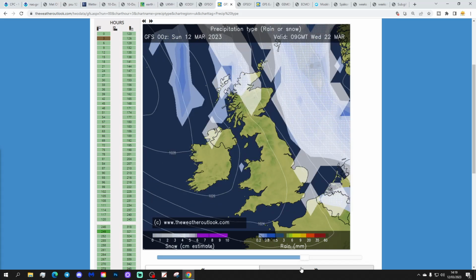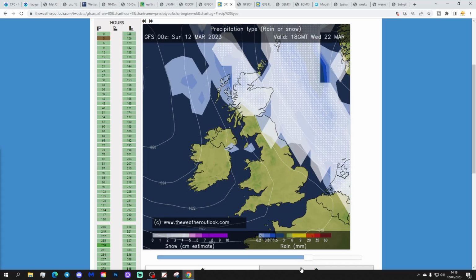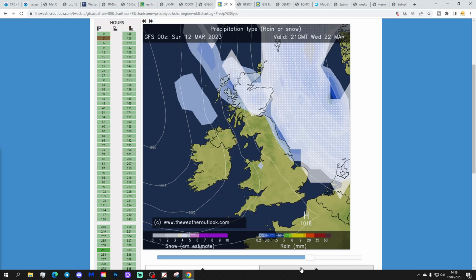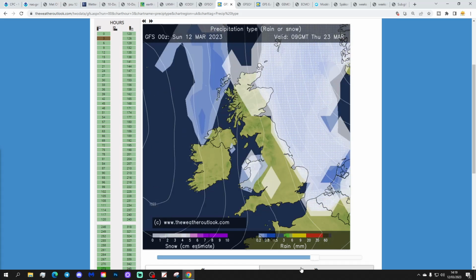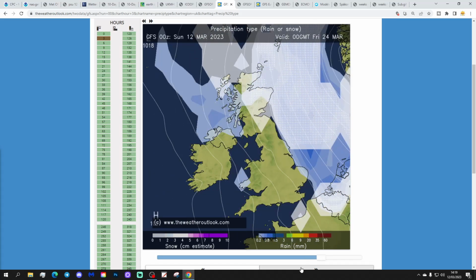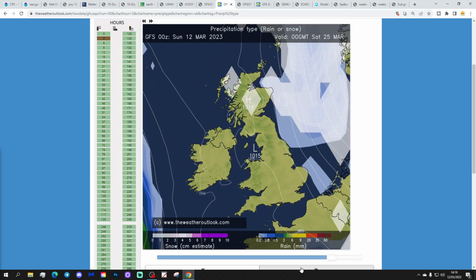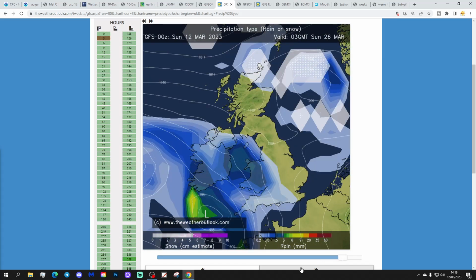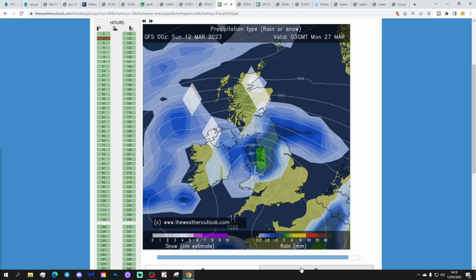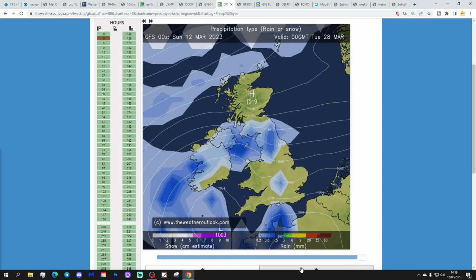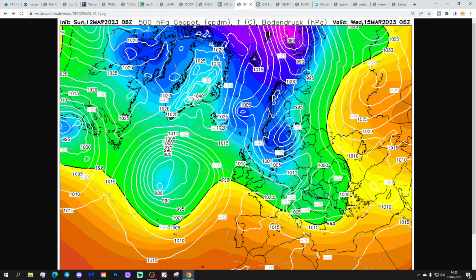Of course, with showers as wind turns into north, start turning wintry once again around the 21st, 22nd of March. They start turning increasingly to snow into the low res time frame now, by the way. And then beyond that, we've got more rain, sleet, snow, and pretty miserable weather as we get into the closing days of the month. Still not spring, everyone.